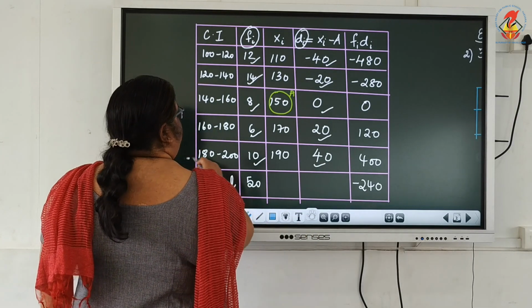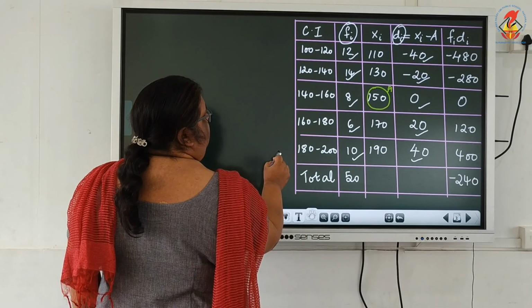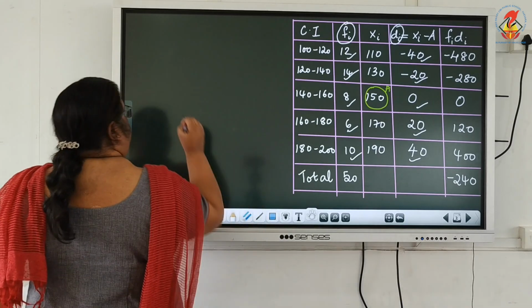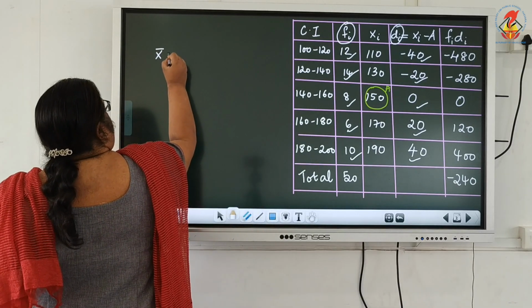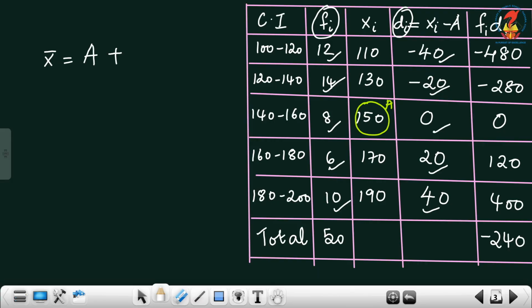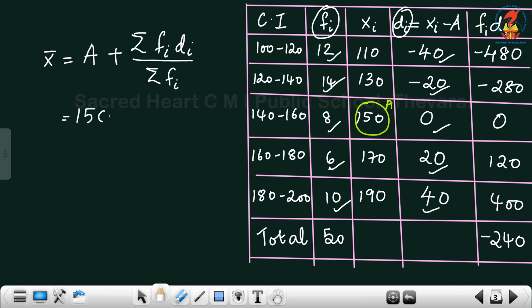Now we can find the arithmetic mean. X bar, what was the formula? A plus sigma fi di by sigma fi. What was the assumed mean that we took? 150 plus.